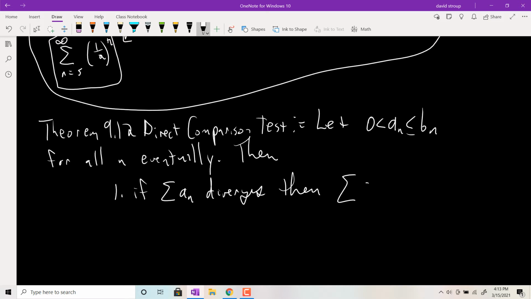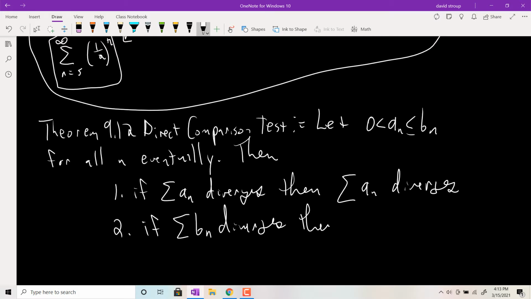It's kind of forced to be divergent as well. Okay. Secondly, if the bigger series converges, then the smaller series will converge.